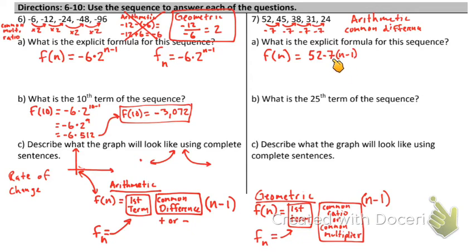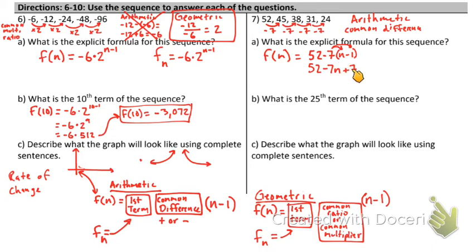But as I mentioned last week, we can clean this up even more. Okay, we can distribute. So I'm going to clean this up to make it a nice formula. So I'm going to go negative 7 and distribute here. So it's 52 minus 7 times n, and negative 7 times negative 1. That's going to give me positive 7.